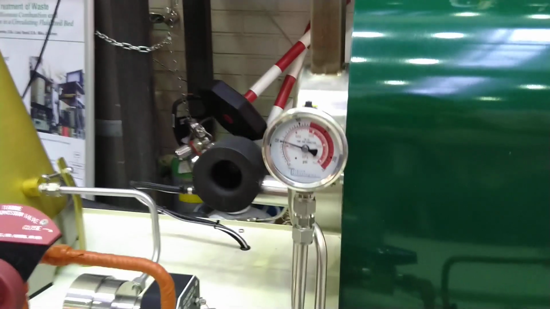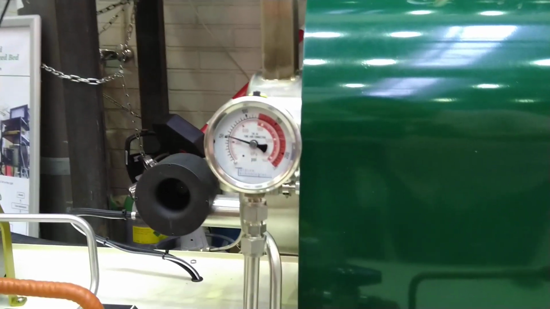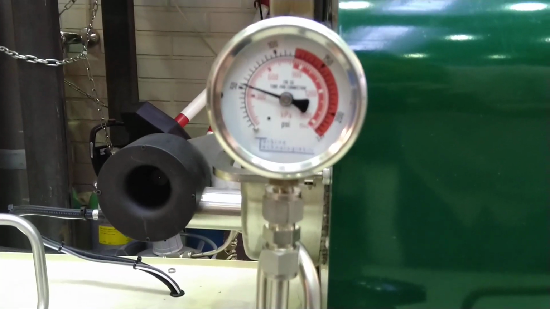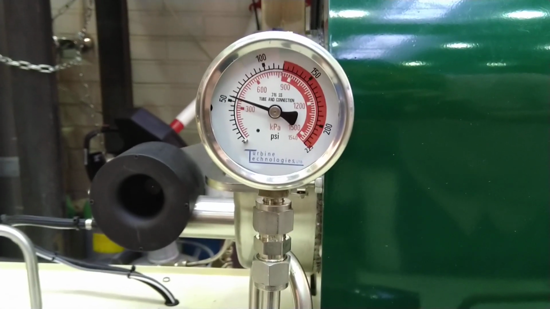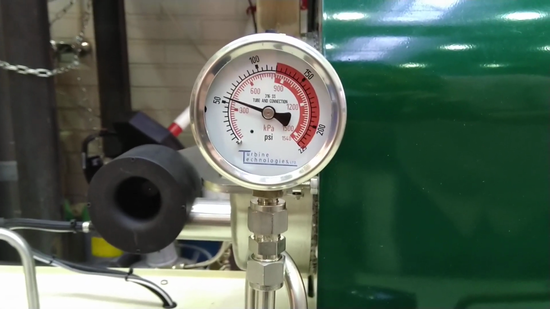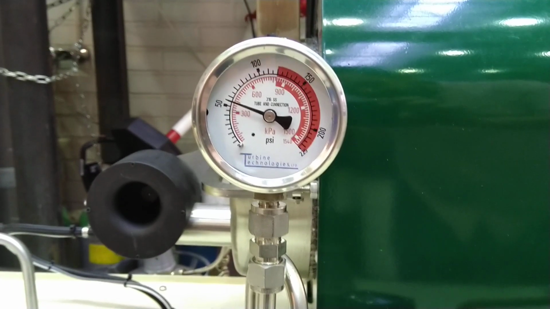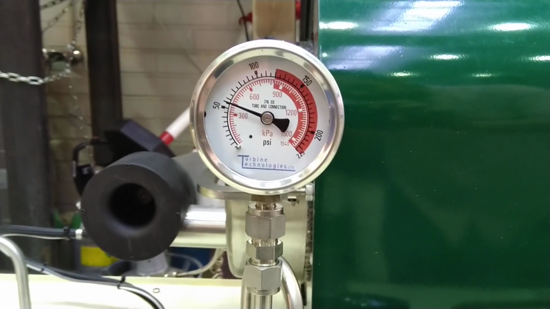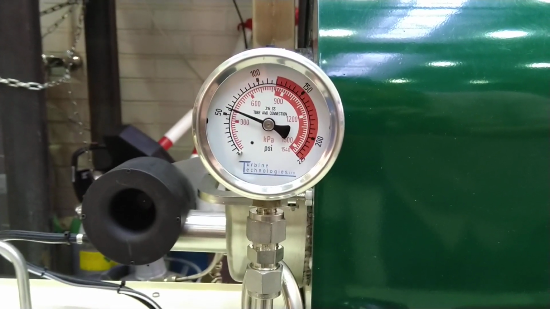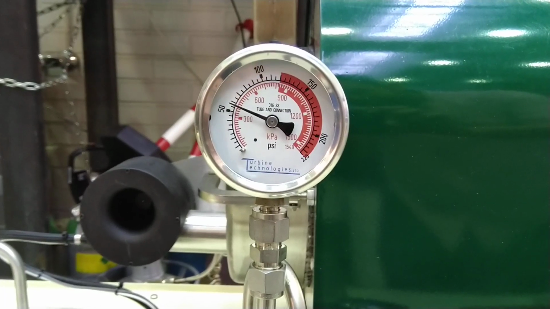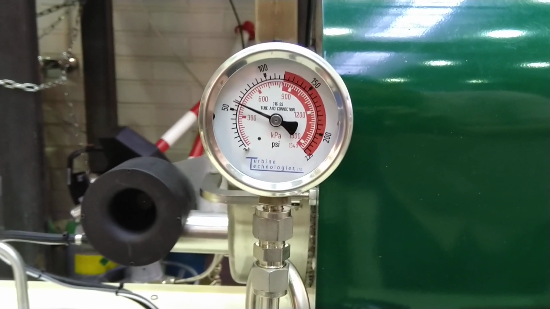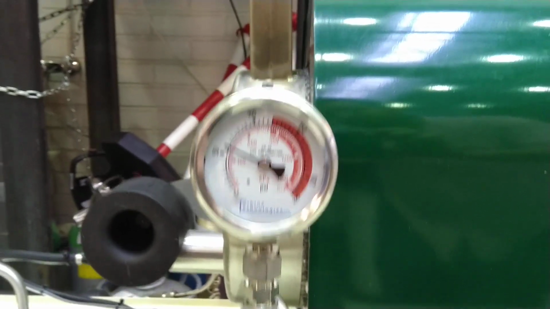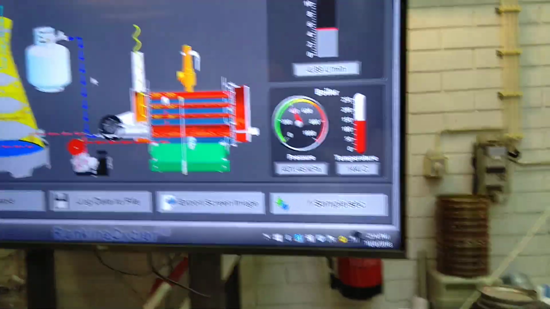So first I'll show you the pressure reading increase in the preheating. With more heat introduced, the pressure will start to rise. Another measurement reading you could look at, the digital one.